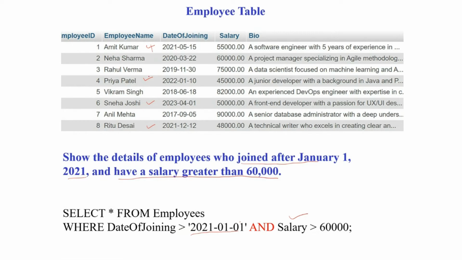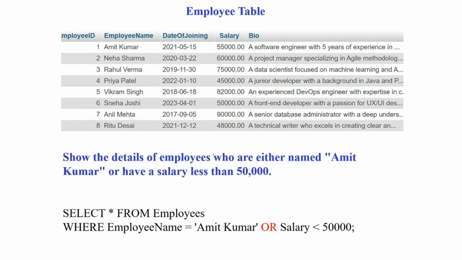And then Priya, again not greater than 60, not selected. Sneha again not selected, and then Ritu again not selected. So this query is going to return no results. Actually, no employees joined after 2021 and have a salary greater than 60,000. I hope you understood the meaning of this query and how this query is going to work.